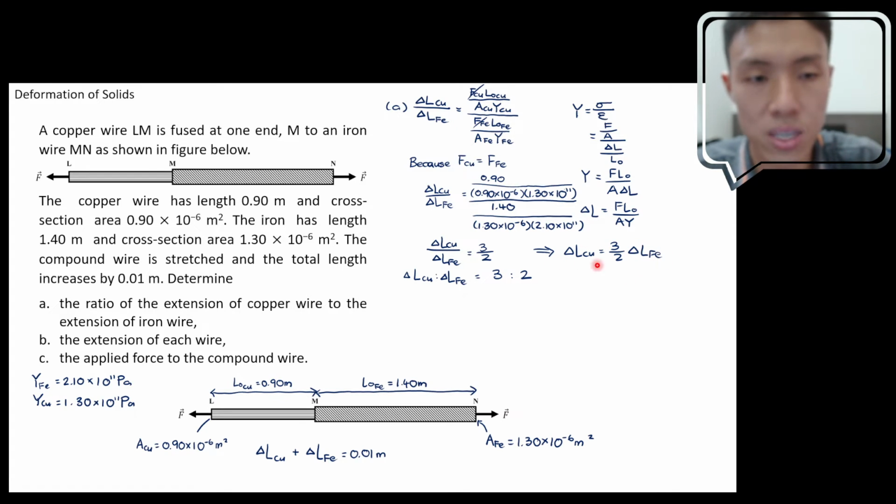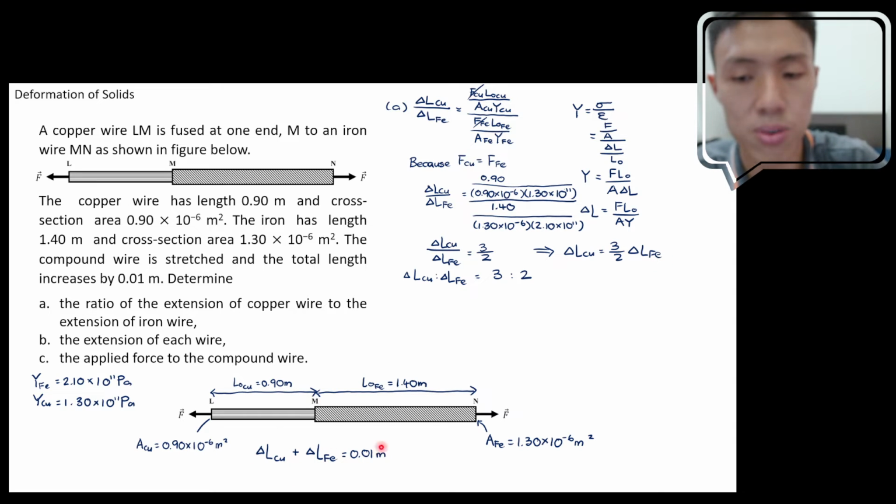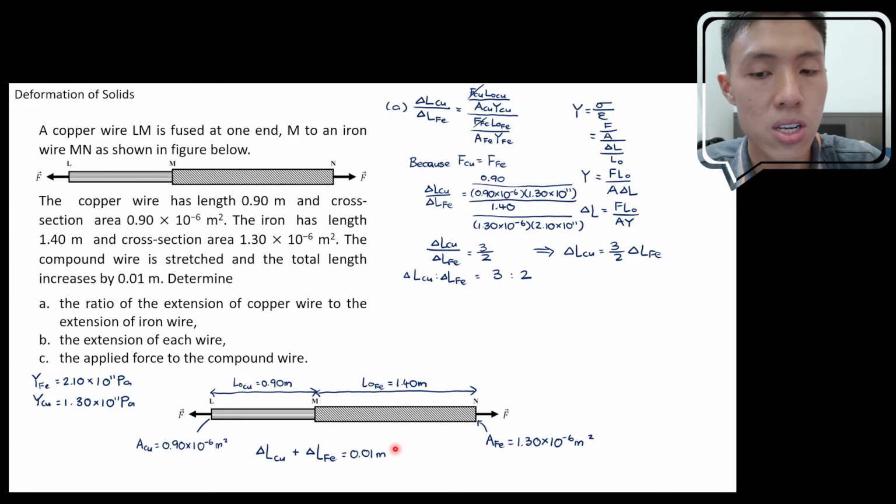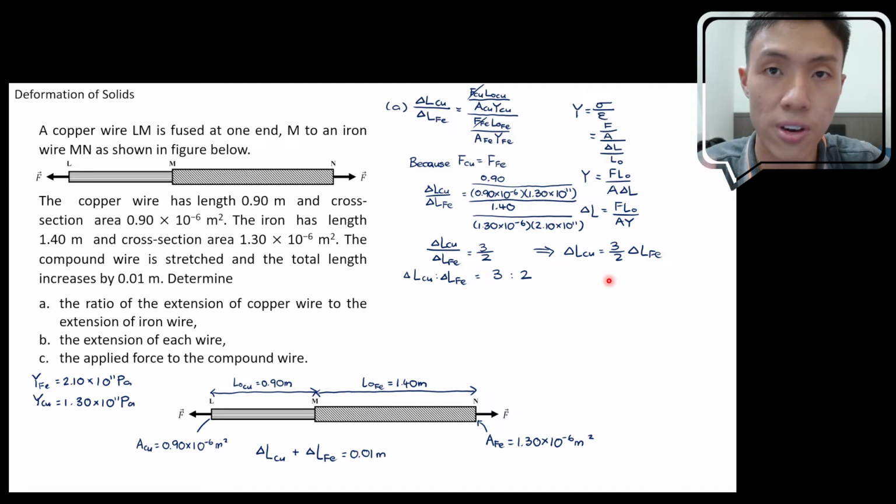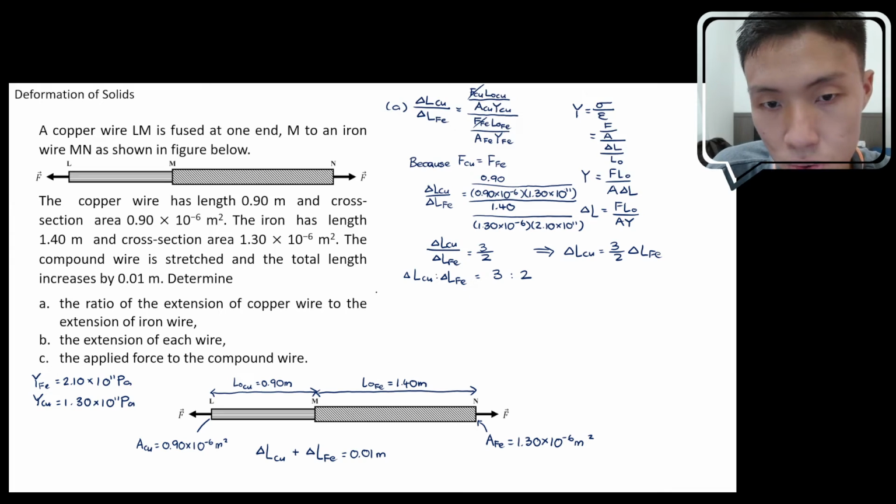So what is the other equation? Well, actually we have the equation already. The equation is over here because this equation here also has the same two unknowns, which are the change of length of copper and the change of length of iron. So for the second question, the extension of each wire, you need to use these two equations here to do simultaneous equations in order to find the change of length of each wire. Okay, so let's do question B.